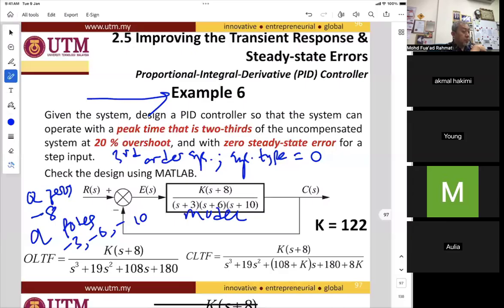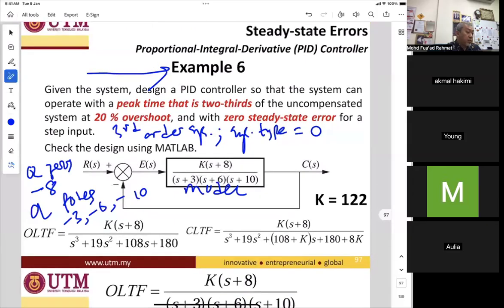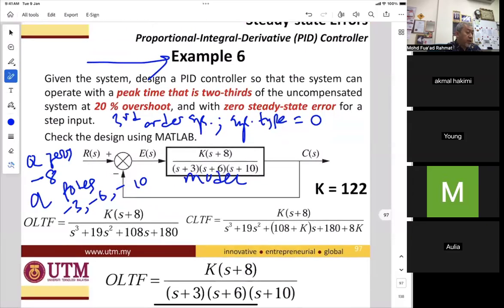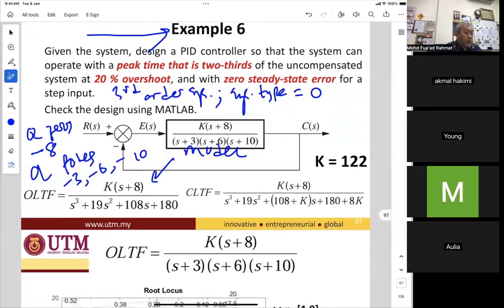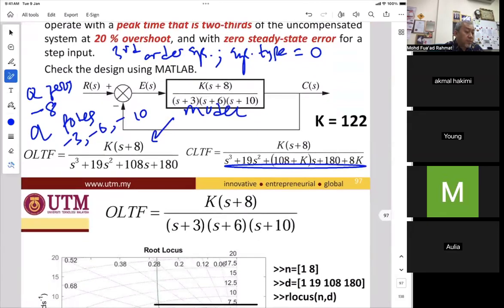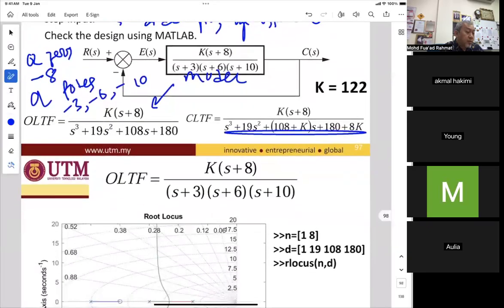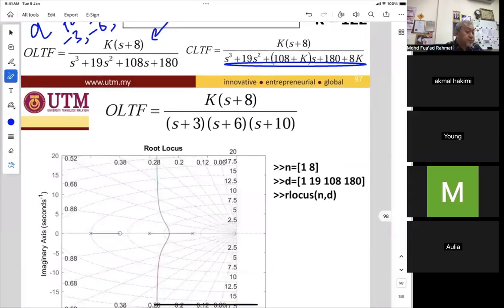Okay, so we determine the open loop transfer function directly from the given model. Okay, K(s+8) over s cubic plus 19s square plus 108s plus 180, and the closed loop transfer function, and the denominator of the closed loop transfer function is the characteristic equation.